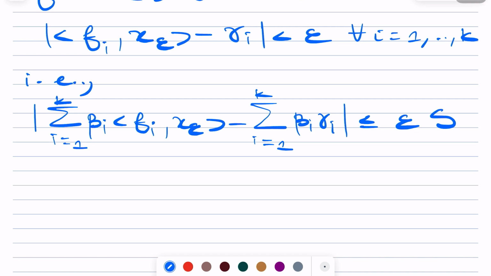This is just the triangle inequality being applied.